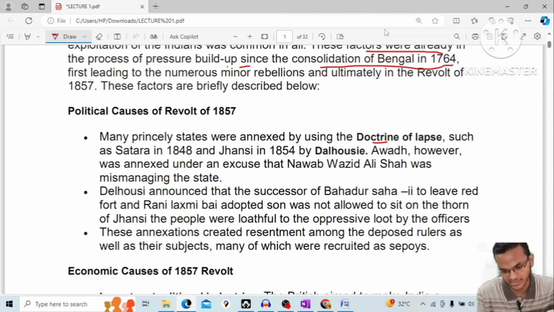तो ये डॉक्ट्रिन ऑफ लैप्स ये तो था एक बहुत बड़ा डिससेटिस्फैक्शन.